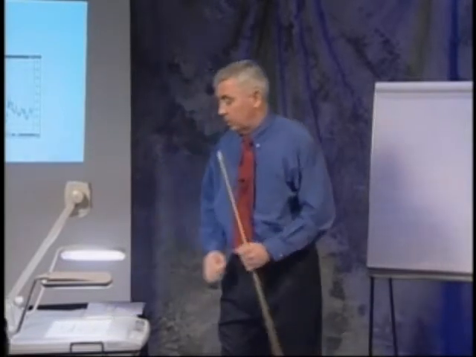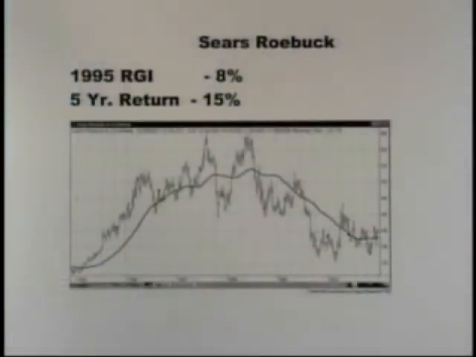Here's another example. This is Sears Roebuck. And in 1995, their real growth indicator was a minus 8%. So they've had a negative growth in their equity. And then their return over the last 5 years has actually been negative, a negative 15% return. So there's an example of a company that probably had some one-time write-offs that reduced their stockholders' equity or their book value, or they may have taken on debt.